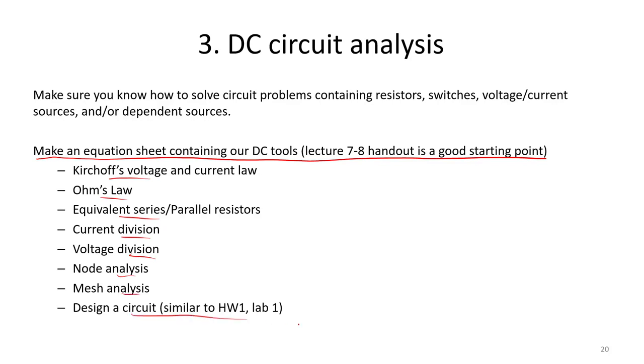So we have Kirchhoff's voltage law, Kirchhoff's current law. We have Ohm's law, series parallel resistors, how to simplify those. We have current and voltage division, node and mesh analysis, and general strategies for designing a circuit. And remember, we also covered in our later lectures the strategies for choosing which tool to use.